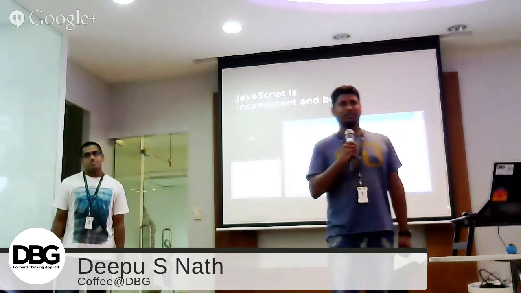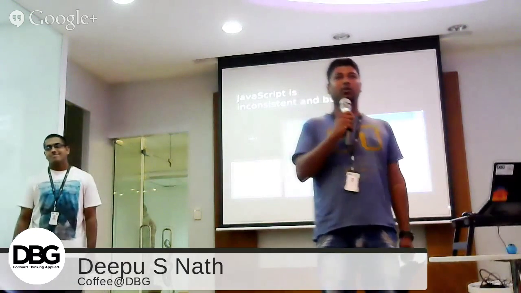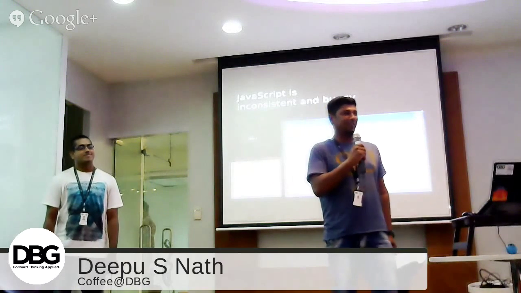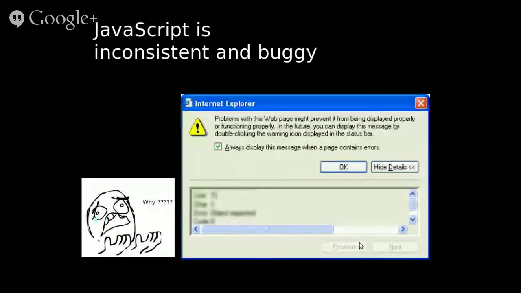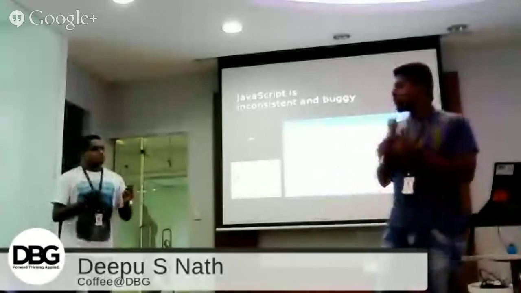We always worry why it didn't work, and sometimes it works and we do not know why. Sometimes it doesn't work, and still we do not know why. It is not a buggy language. It's a very good language. JavaScript is a language which is standardized.